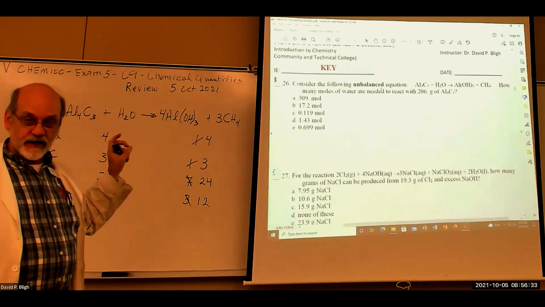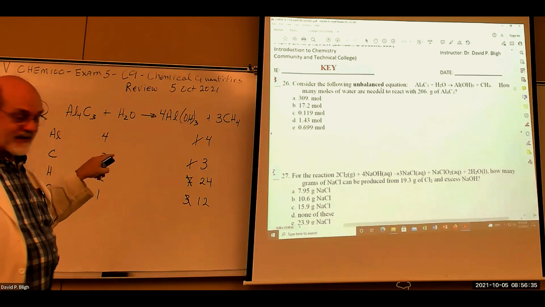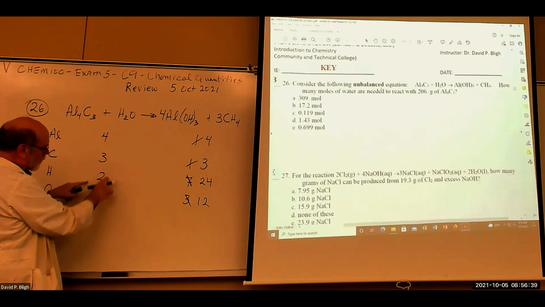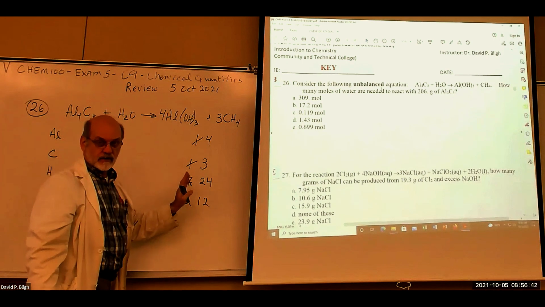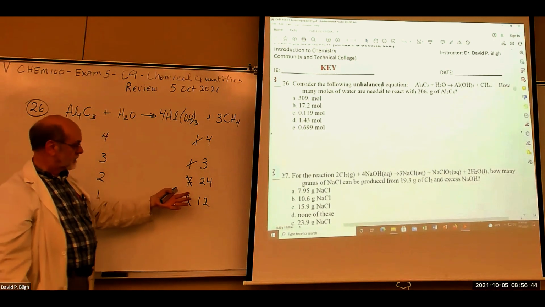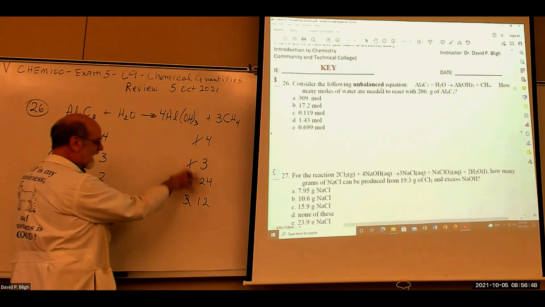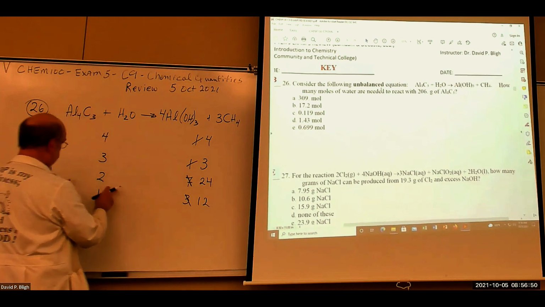How did I know to stop and check that? Because I knew that I couldn't multiply this by any coefficient and get those values. So I went back and checked it, and I had made a mistake. Retally.